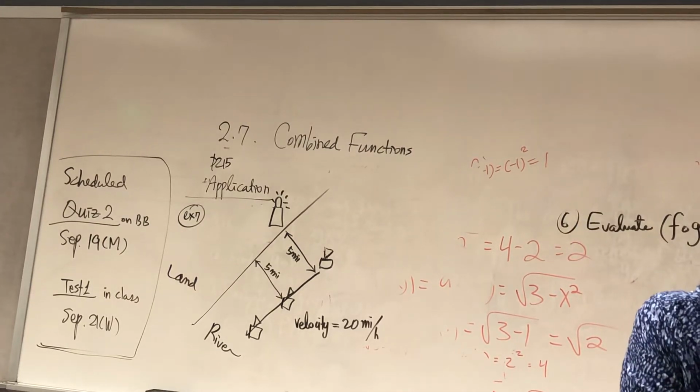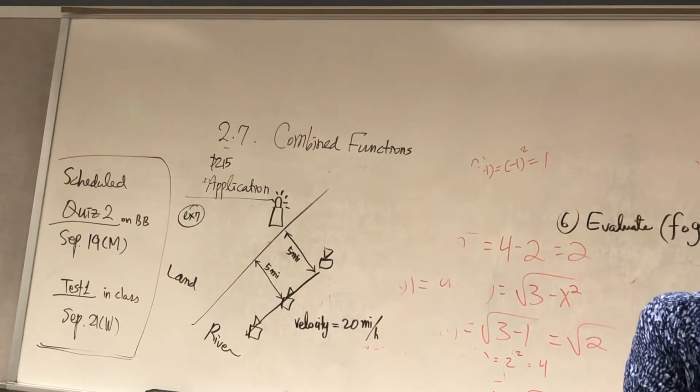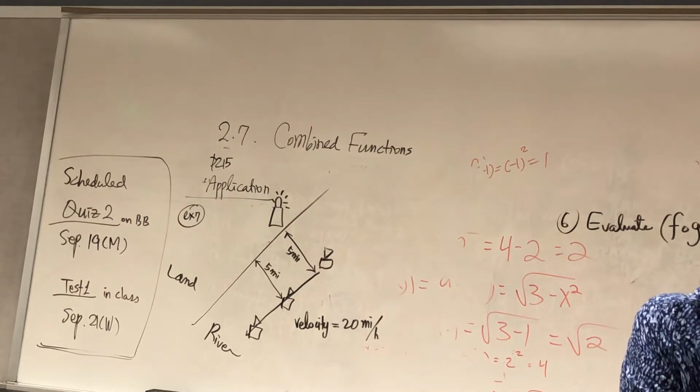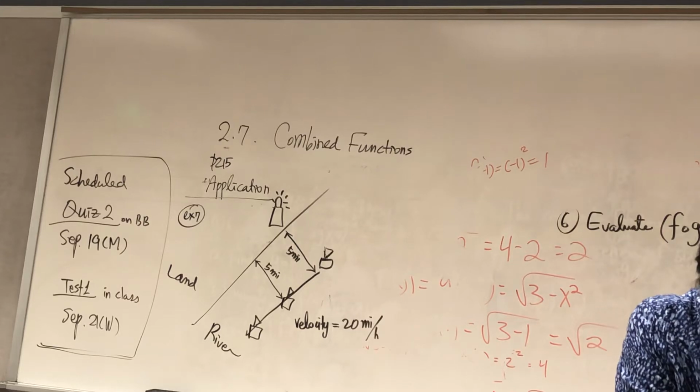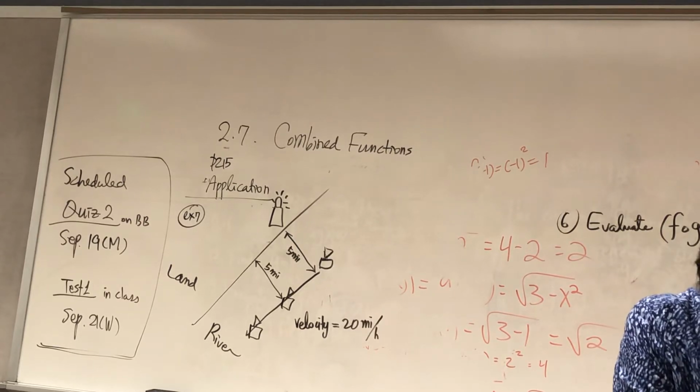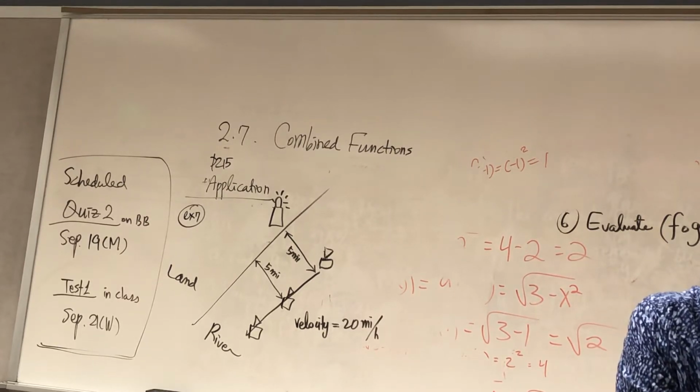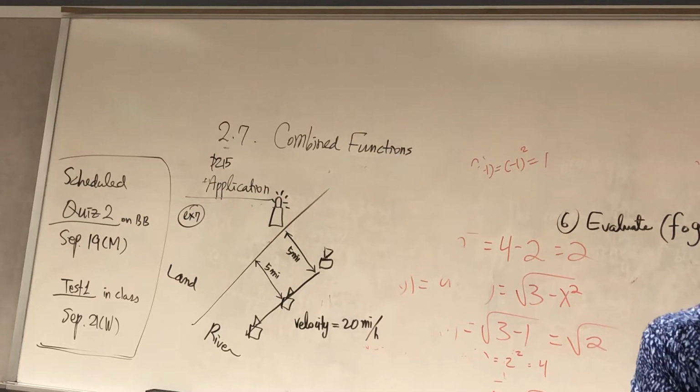Part A: express the distance S between the lighthouse and the ship as a function of t. The distance the ship has traveled since noontime is like a function f.